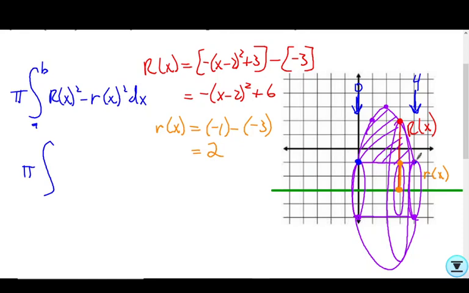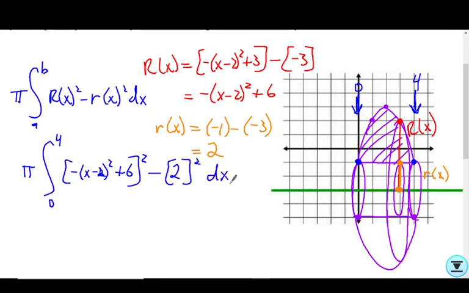Basically, it's the starting and stopping points of my bounded area. So 0 to 4. And again, my big radius is -(x - 2)^2 + 6, all of that squared, minus 2, which is my little radius, squared.